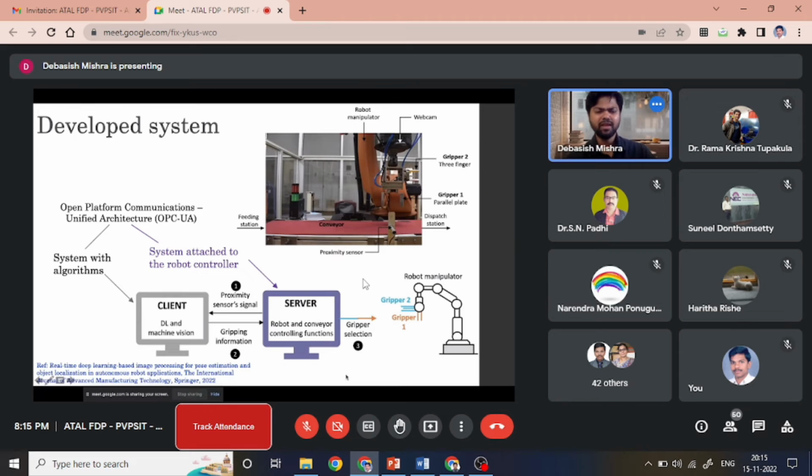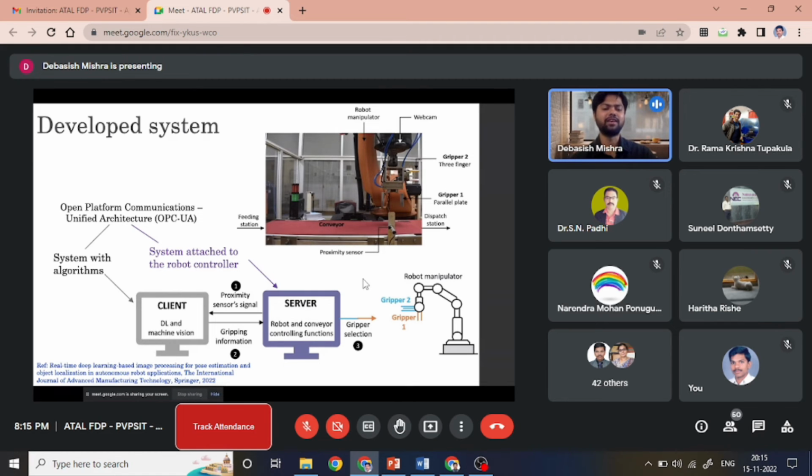So as an IoT system, there were two things working here. One was the server. The server is attached to the robot controller, and it is collecting the information about the robot actuations, and all the robot variables were stored in the server. The client is another computing device, which had the entire image processing and deep learning algorithms developed as part of the system.